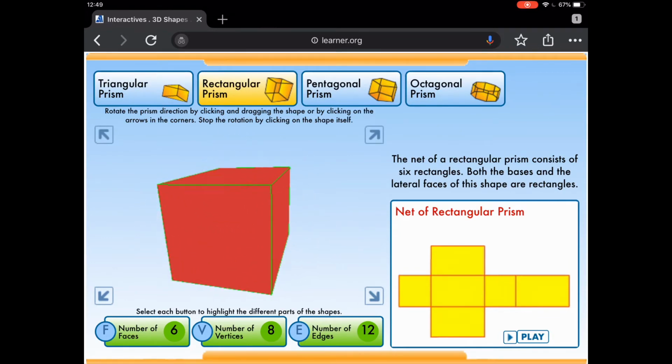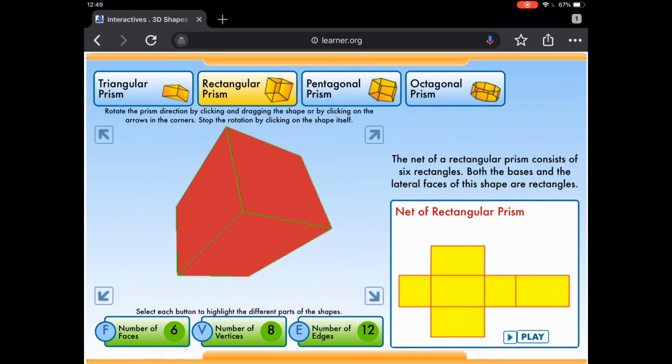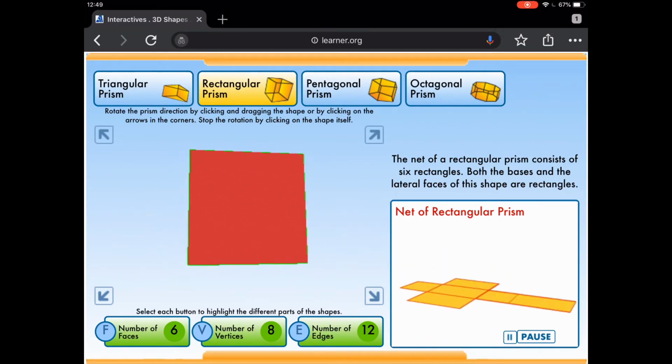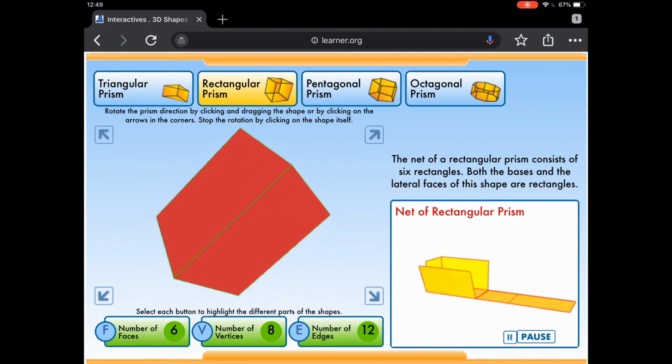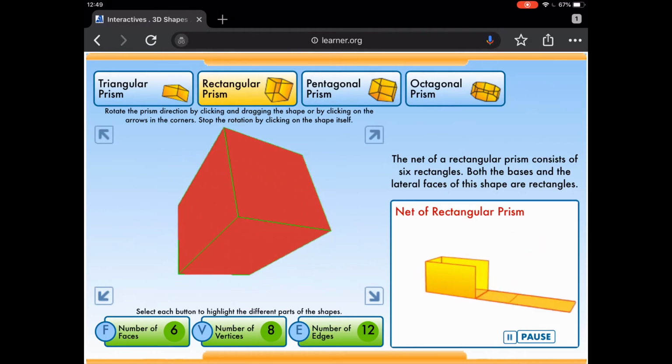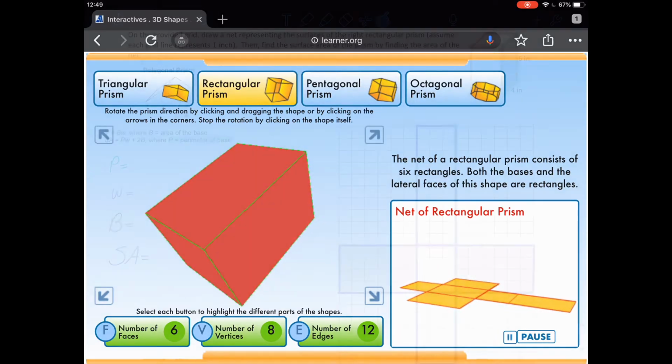The perimeter of our base ends up being the length of that longer rectangle created by the net of our prisms. So that is where our formula for surface area of a prism comes from.